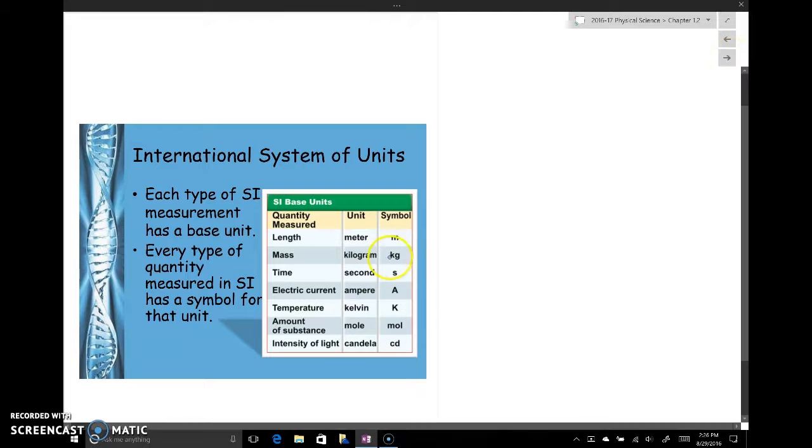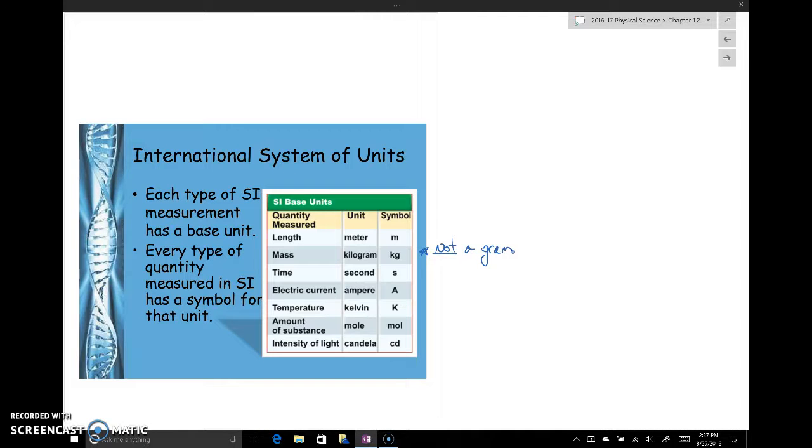Another thing that you might notice is that of all of these units, only one of them has a prefix, and that's the kilogram. So it's important for us to remember that the standard SI unit for mass is not a gram. And that's because a gram is too small a unit.